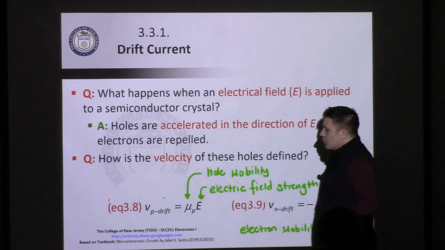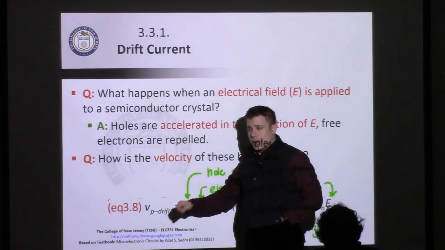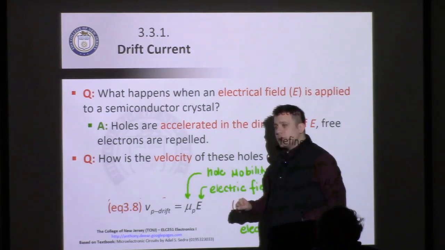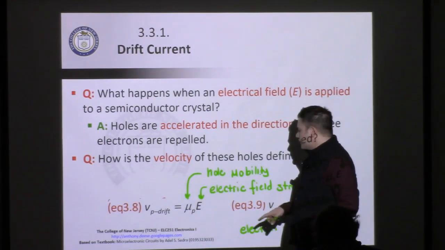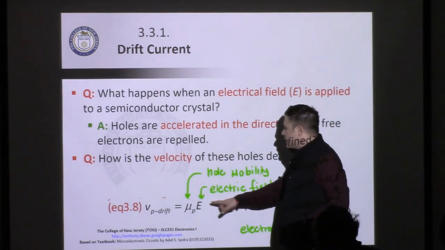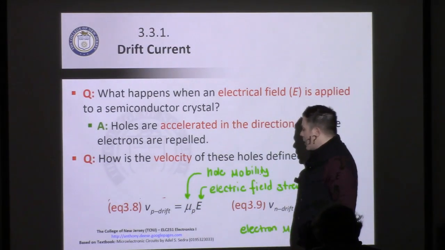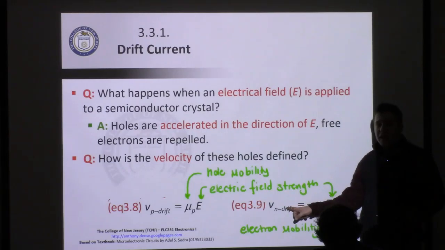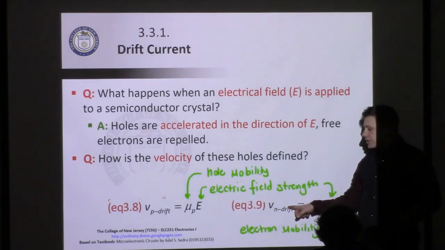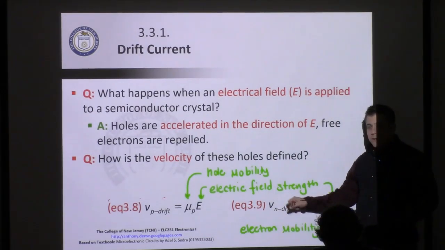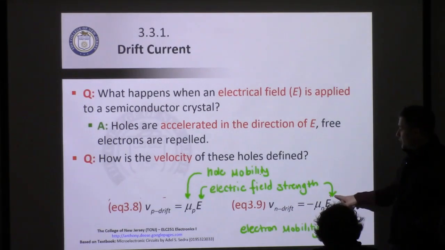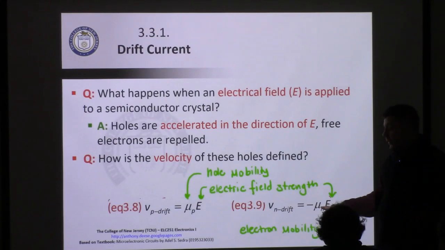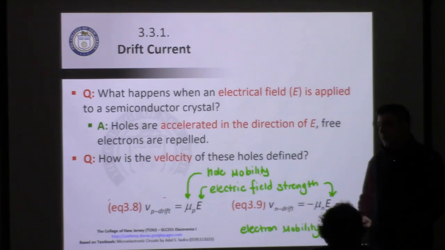Essentially, what we call the drift velocity is equal to the magnitude of the electric field, or the electric field strength, times this constant here, which is called the hole mobility. For the n-type, or for the free electrons, I should say, the drift velocity is equal to the strength of the electric field times the electron mobility times a -1.